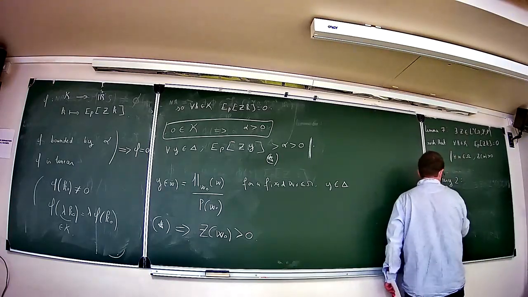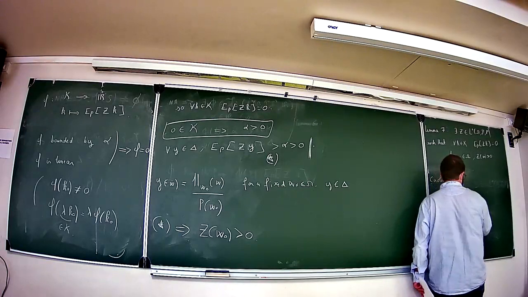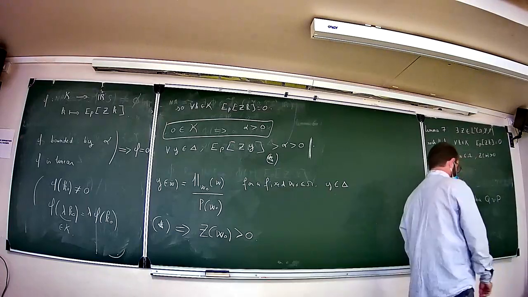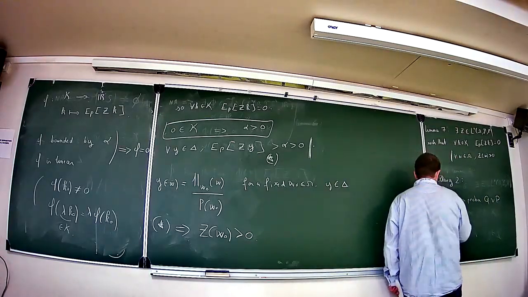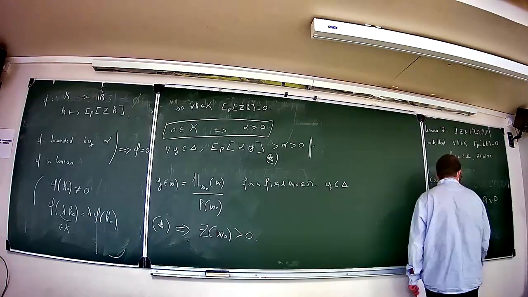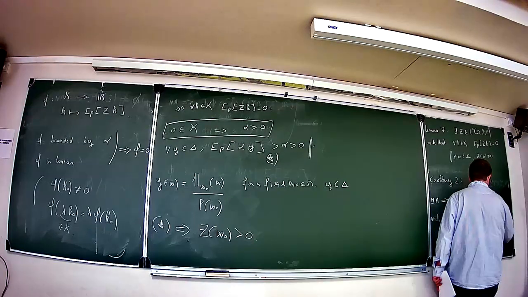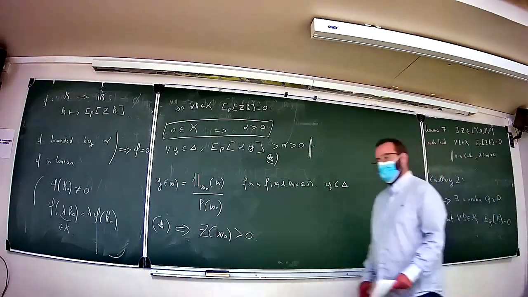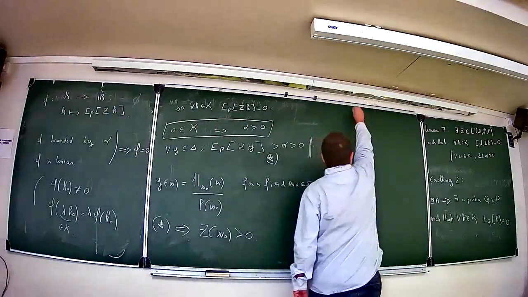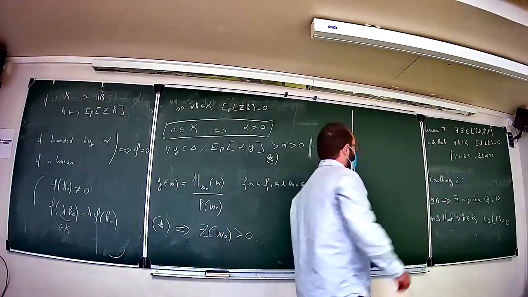A implies there exists a probability Q equivalent to P such that for all K belonging to calligraphic K, the expectation under Q of K is equal to 0. I have everything on the board, in fact, for the proof of the corollary 2, it's one line.